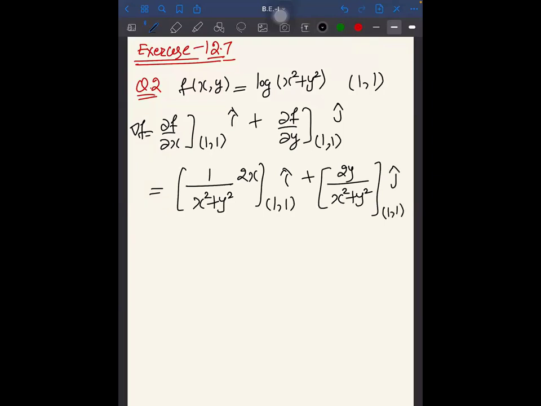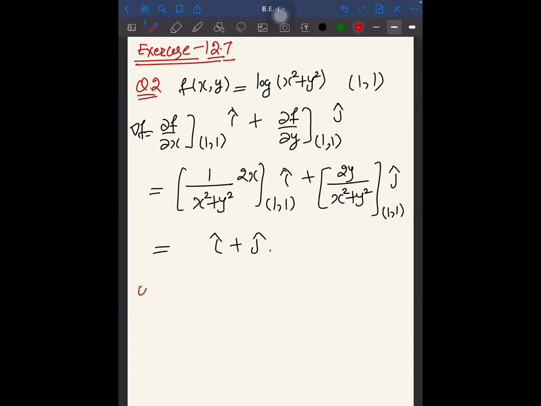Right? So you put (1, 1) over here, so it becomes what? i plus j. That's it. Okay? That's what we want. We want to find out the gradient function.